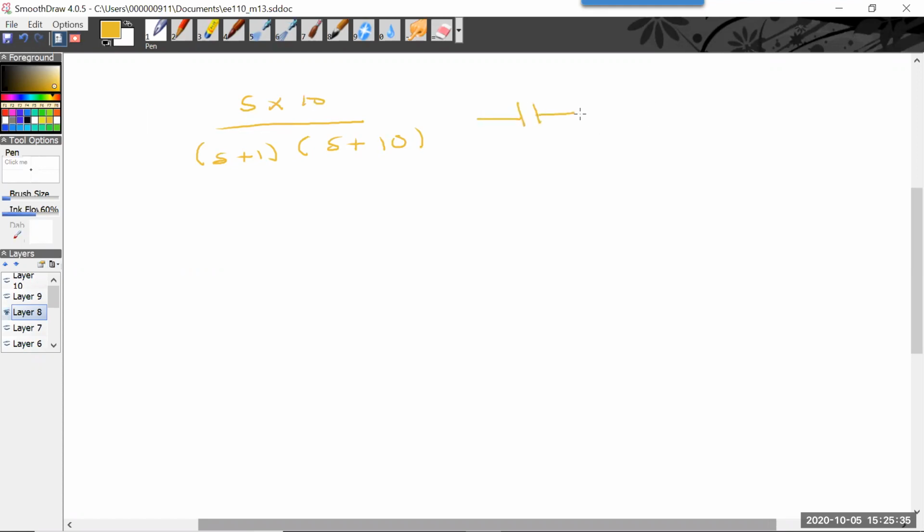So we can have our high pass. The gain was equal to 1, so we don't need any resistors. And then that goes right into our low pass. And then we just have to choose reasonable values of R and C, which we've done before.